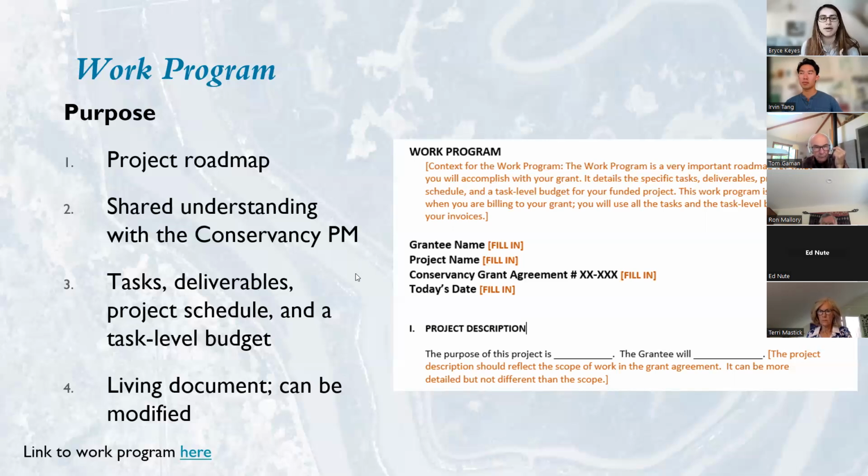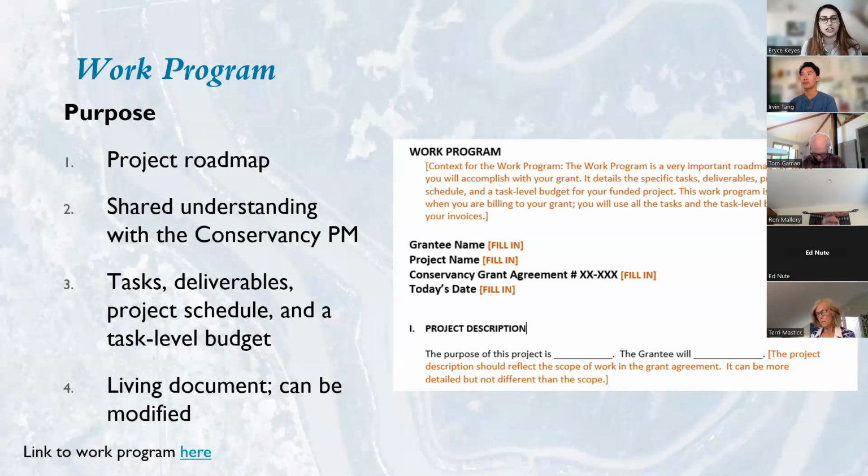And so this work program can be a living document. We understand that projects change depending on certain events that happen throughout the life of your project. The way that you change your work program is through going into this Word document, tracking changes and updating the work program.